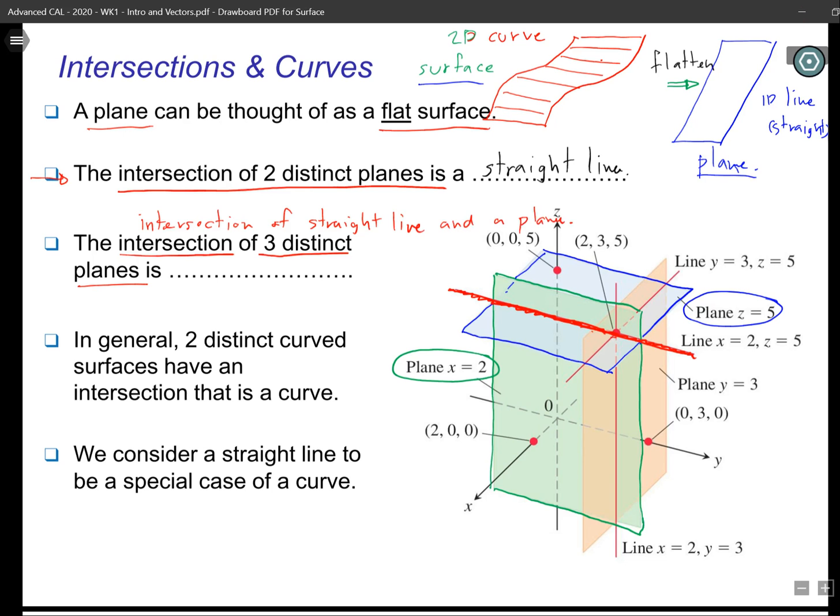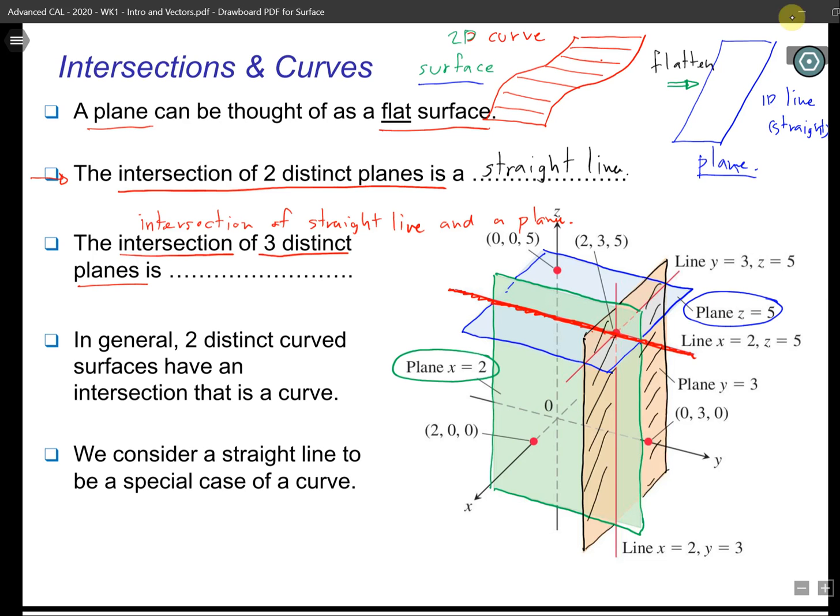So let's take a look here. We already have the line right here, the red line, and then we are going to consider another plane, which is the orange one. So this orange, the third plane. Okay, now we consider this plane and we are going to intersect this plane with the line.